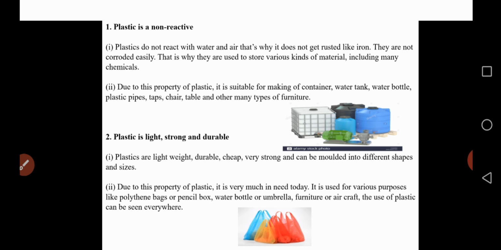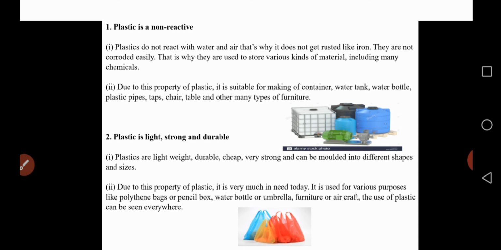Because of this, plastic does not get rusted like iron. When moisture comes in contact with iron, it rusts. But plastics do not rust like iron, because plastic is non-reactive with water and air.